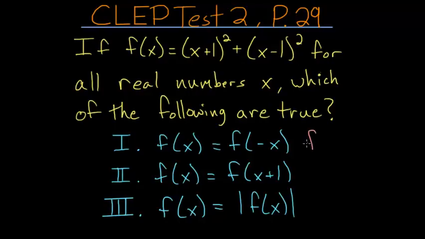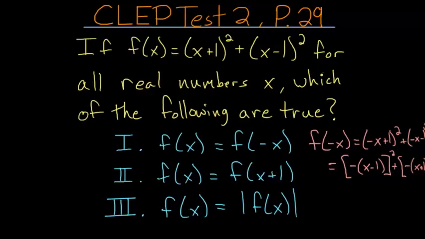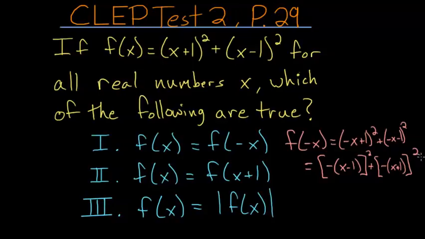So f of −x is equal to (−x + 1)² + (−x − 1)². From each of these squared expressions, we can factor out a negative 1, and I'll put this in brackets. So we have (x − 1) and this whole thing is squared, plus, factor out a negative here, and we have (x + 1), and this whole thing is squared.